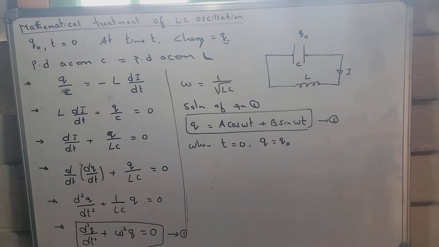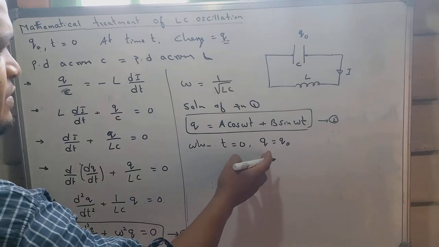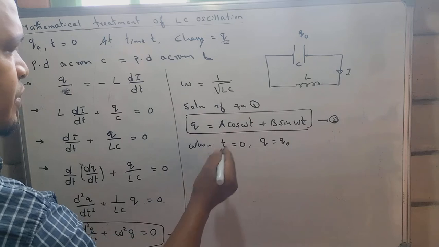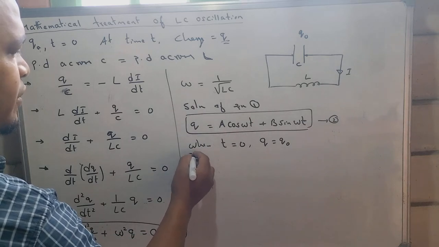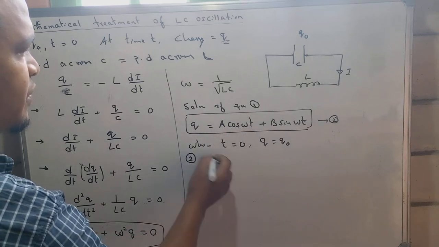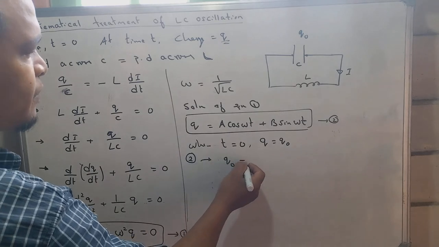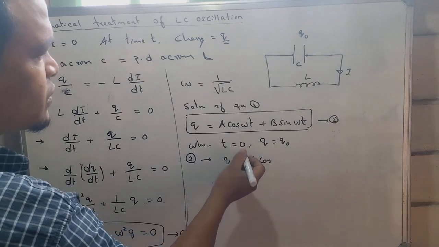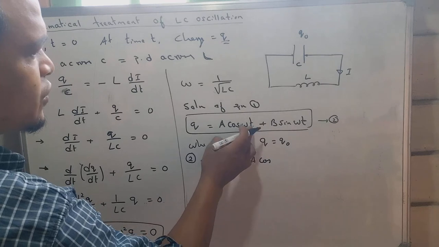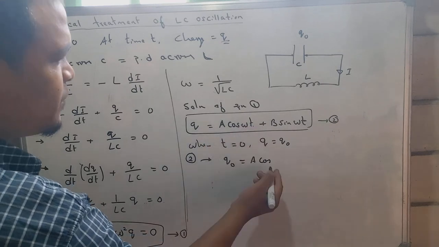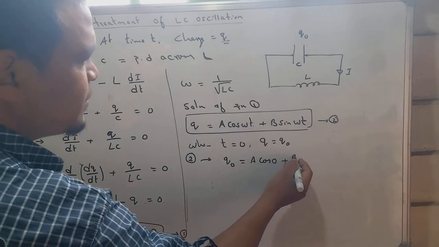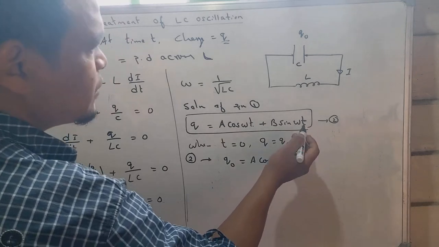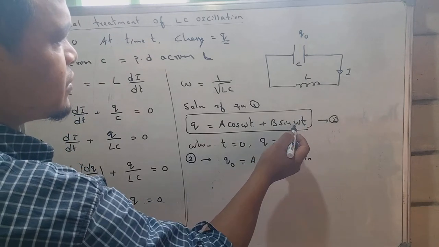Okay, so if you substitute this value of t and q in equation 2, equation 2 becomes, instead of q, I'll write Q naught. This is A cos omega t, where t is 0, so omega into 0 will be 0, plus B sine omega t, which is sine 0, so 0.